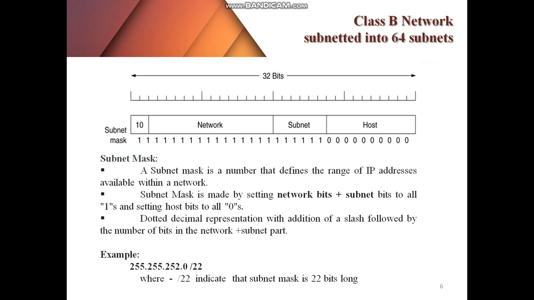This is represented in dotted decimal form, followed by a slash with the number representing the number of bits in the network and subnet part. As an example, 255.255.252.0/22. This 22 represents the number of bits in the network part as well as the subnet part.